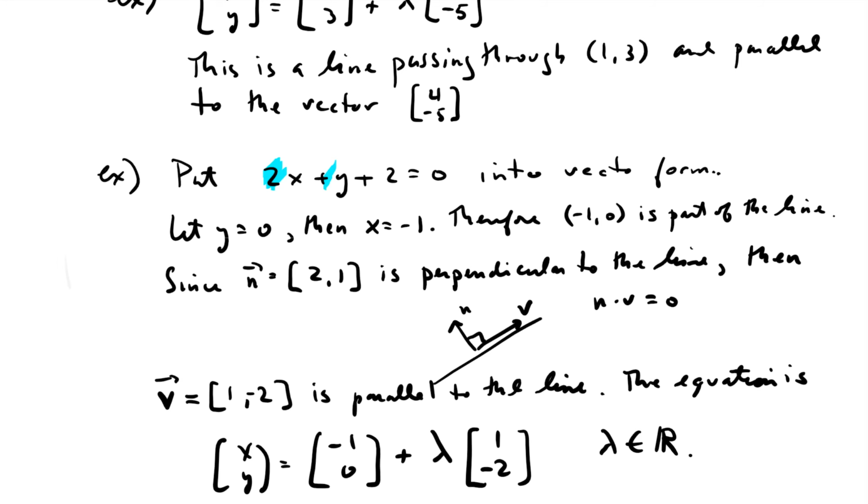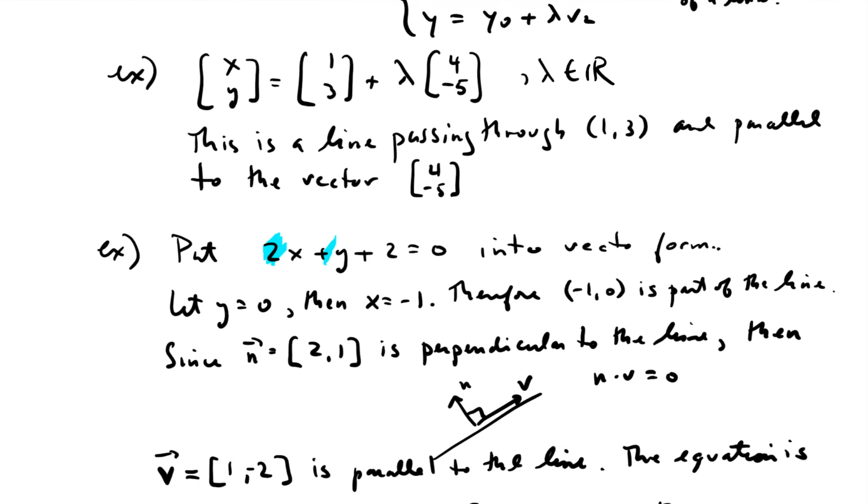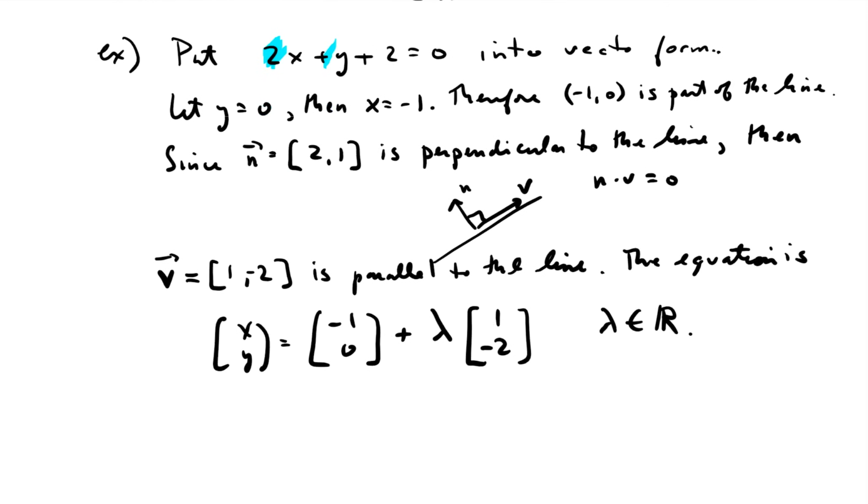I could have added that up there, by the way, when we define our line. So that's it. You could also write it in this form: x equals minus 1 plus lambda, y equals 0 minus 2 lambda.